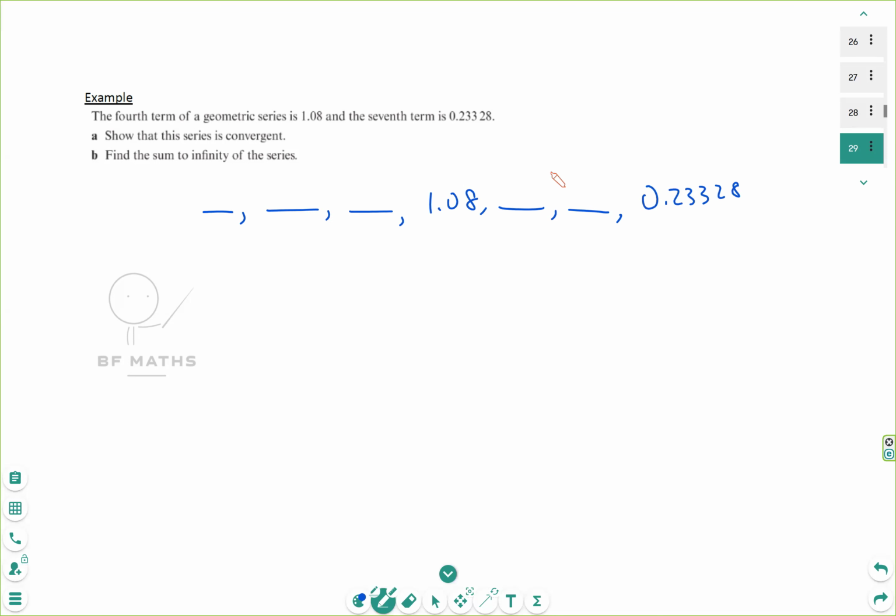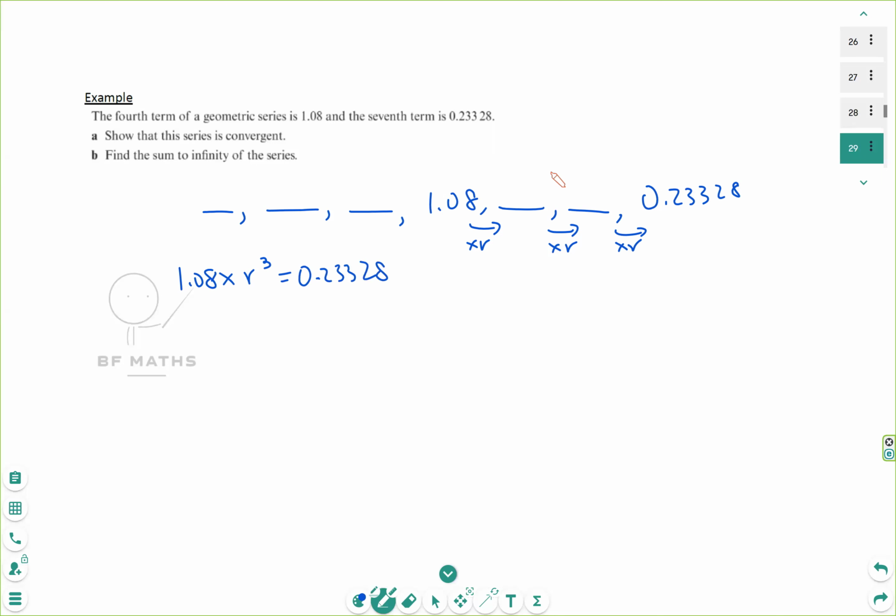Show that this series is convergent. So how do we do this? Well, we can work out the value of R. So 1.08 times R cubed equals 0.23328.